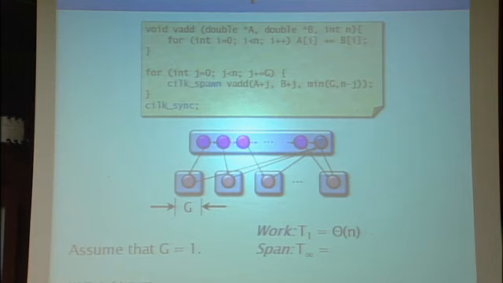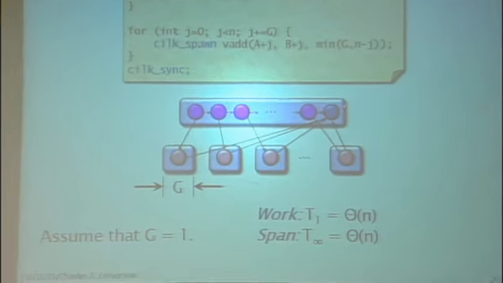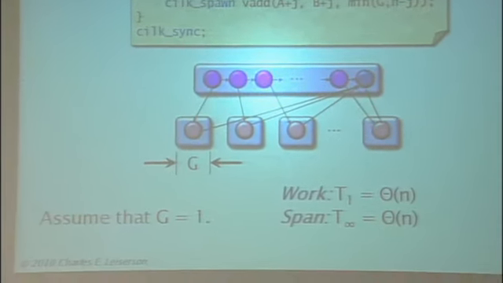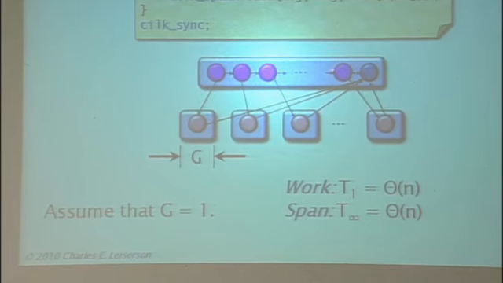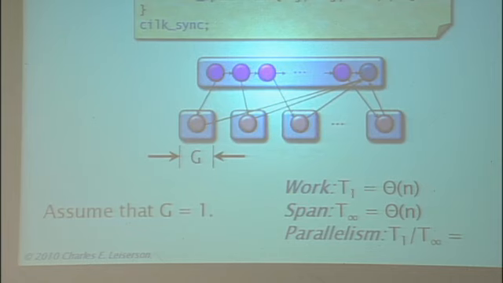What's the span? Yeah, it's also order n. Okay? Because the critical path goes something like brip, brip, brip. Okay? That's order n length. It's not this, because that's only order 1 length, all those. It's the longest path, okay, is order n. So that says the parallelism is order 1.